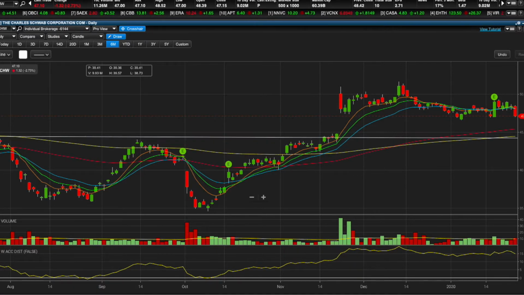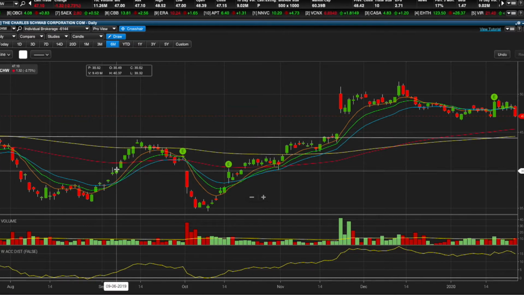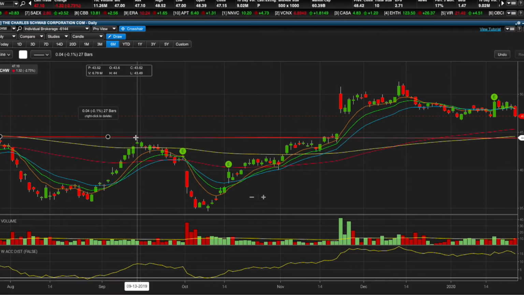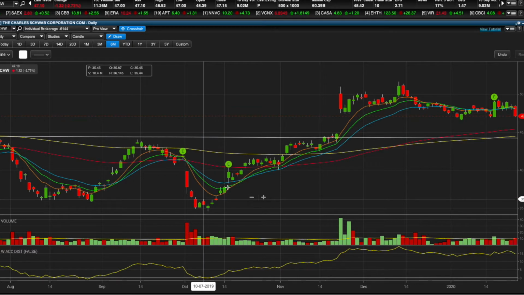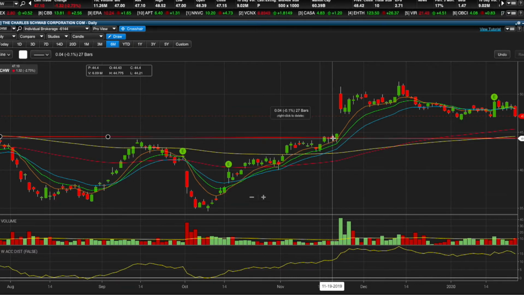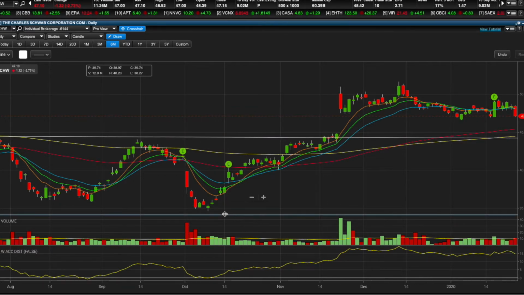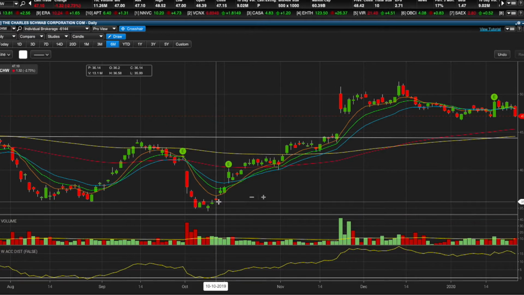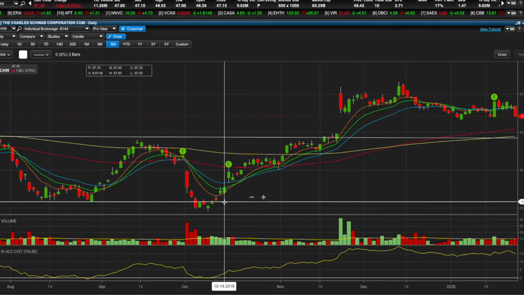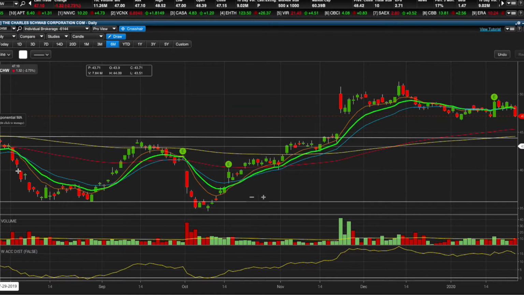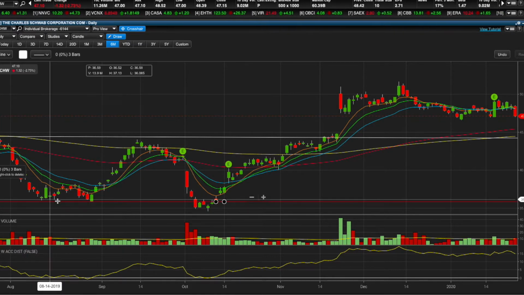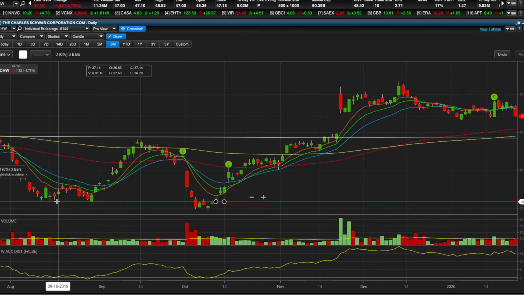This is resistance because the stock has continually gone down and up and hit this price, came down and hit this price again. Our support would be around here, and support works the opposite of resistance. It's when a stock falls and doesn't go below a certain price. Here we're looking around the 35.87 price for our support.